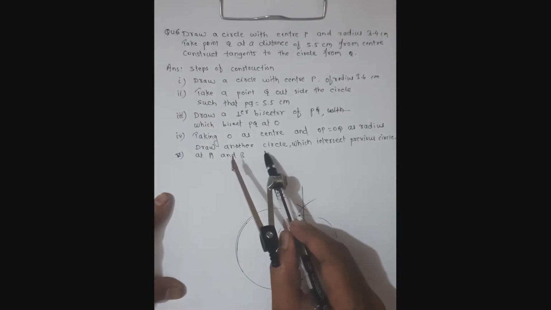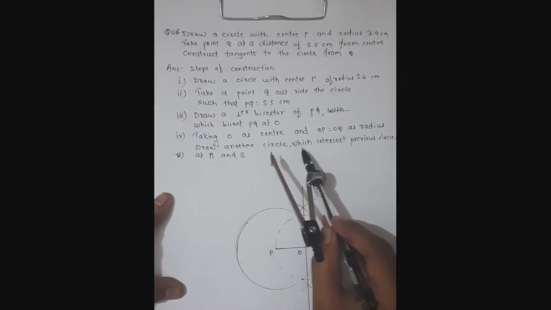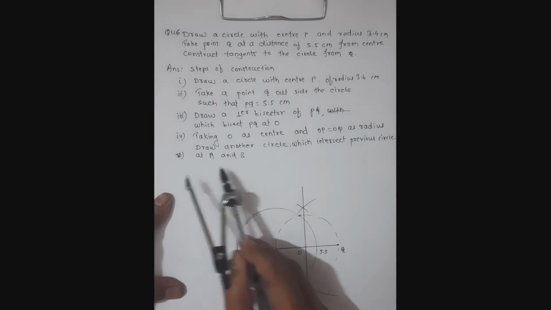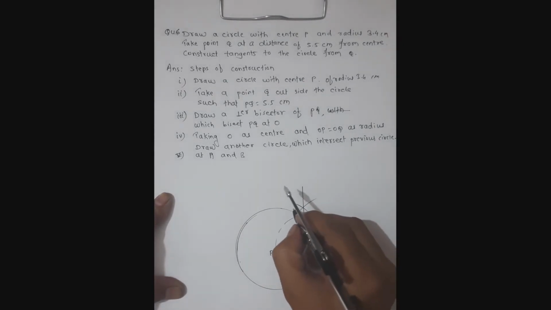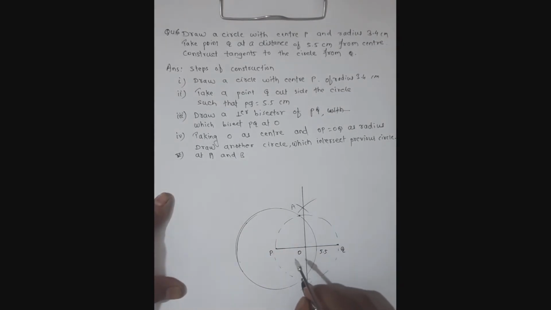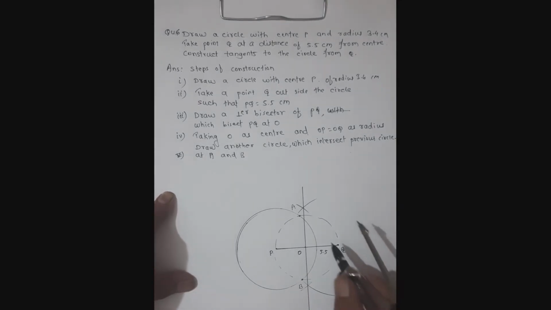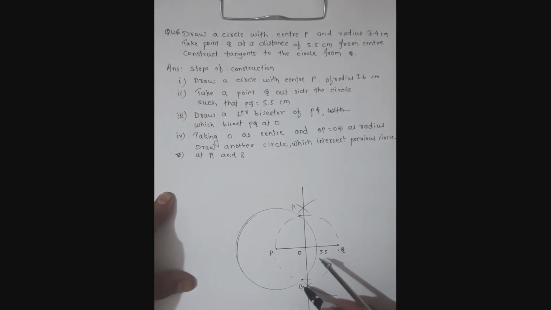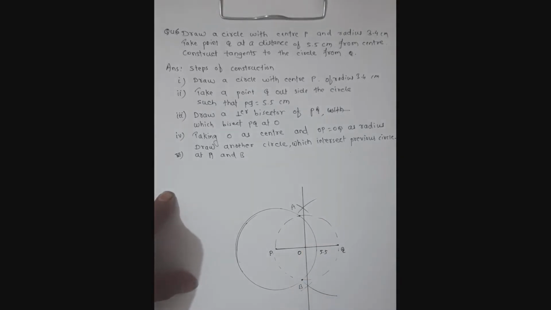Draw another circle which intersects the previous circle at A and B. So these are the points A and B. So we have to join AQ and BQ, which are the required tangents.